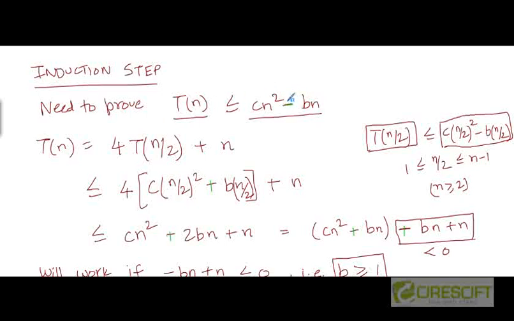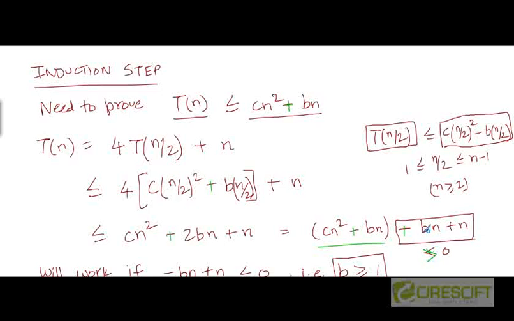And we would have liked to prove that T of n is less than or equal to Cn square plus Bn. That is, we would have liked to prove that T of n is less than or equal to this expression by itself. But we end up proving that T of n is less than or equal to this expression plus this other expression, which is positive.